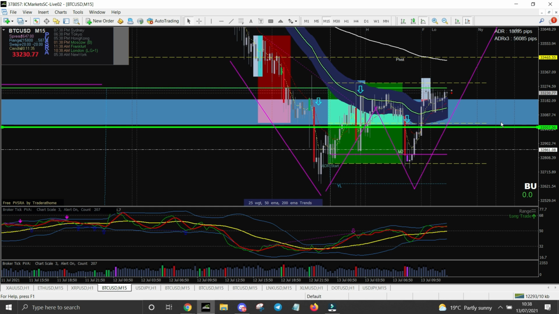Now, the second leg of a W formation gives you all the information that you need to determine whether or not price is going to come away from that point. This is what you need to put in your minds here.